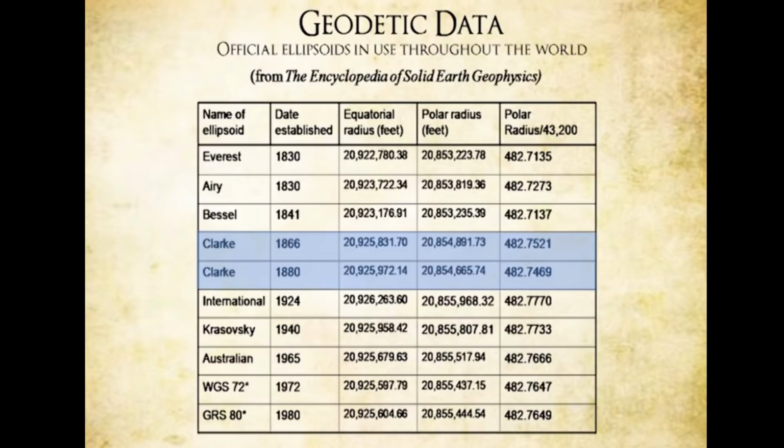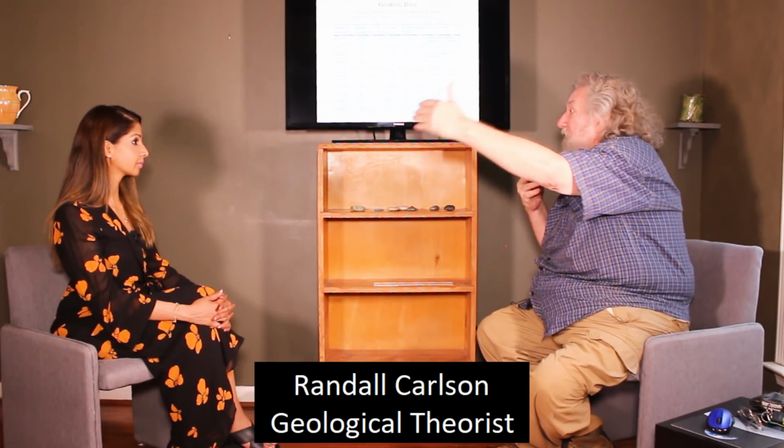Because every time you take these measurements, like here's the equatorial radius, here's the polar radius, they're going to vary a little bit because the Earth is somewhat of a plastic body. It will bulge and it will move, depending on, for example, whether the moon is during one of its closest passages to the Earth or farther away, right? That can affect the way the mass of the Earth is distributed. Of course, everybody knows that because of the moon rotating around the Earth, it creates ocean tides, right?